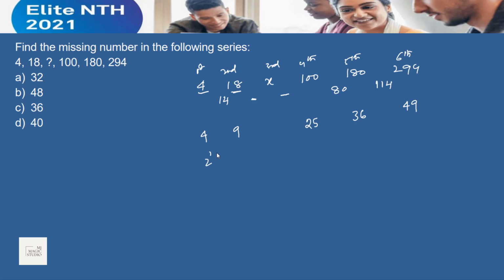And if you observe, these are 2 square, 3 square, 5 square, 6 square, 7 square. So this should be 4 square, 16, into 3, 48.